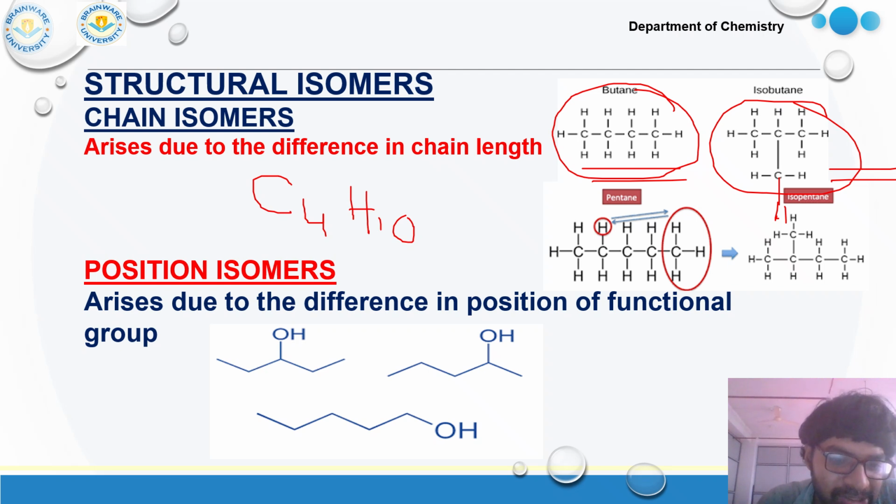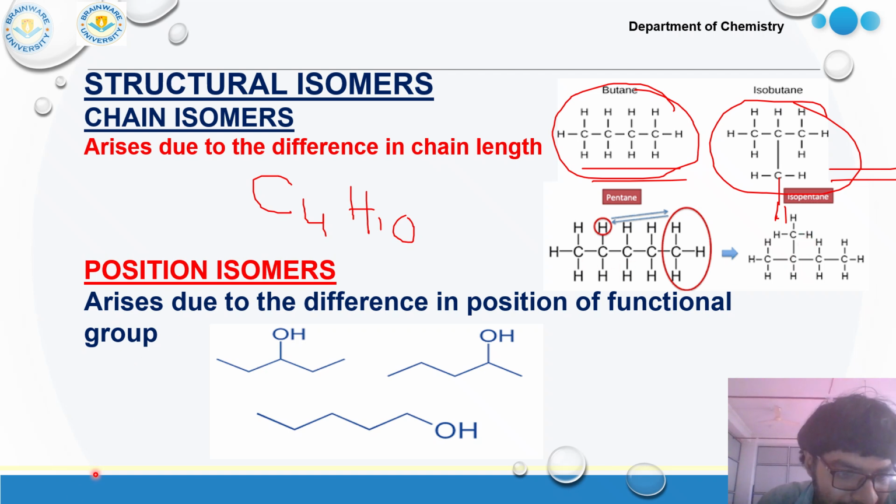Similarly, the first one has a longer chain length than the second one. So obviously, chain isomerism means they have the same molecular formula, but differ in what? The nature of the chain and chain length. Now, another example: pentane, neopentane and isopentane.